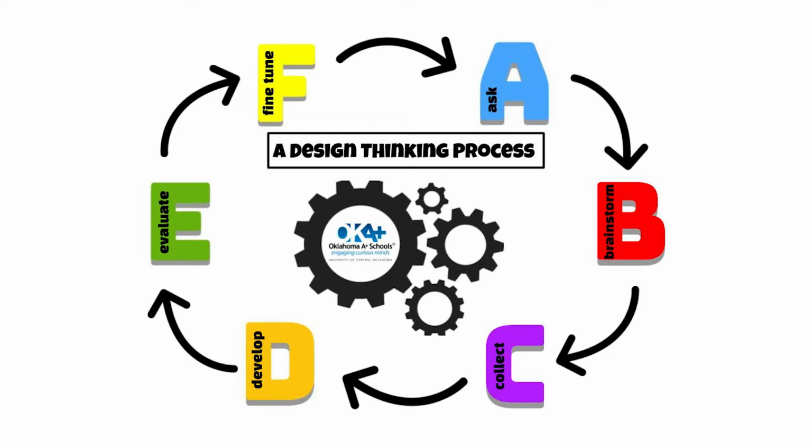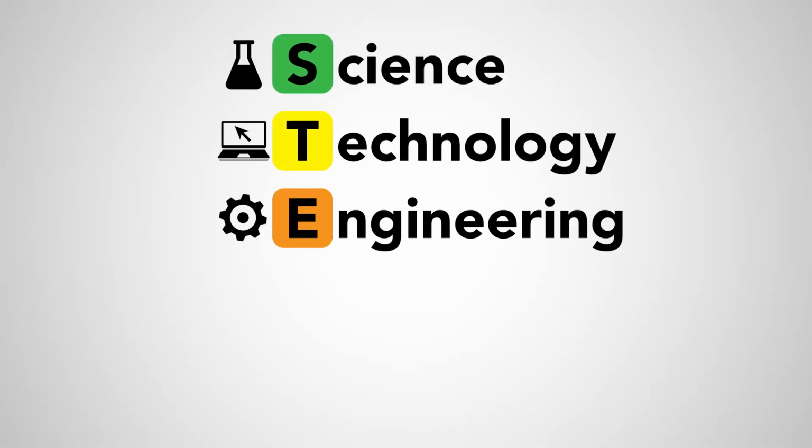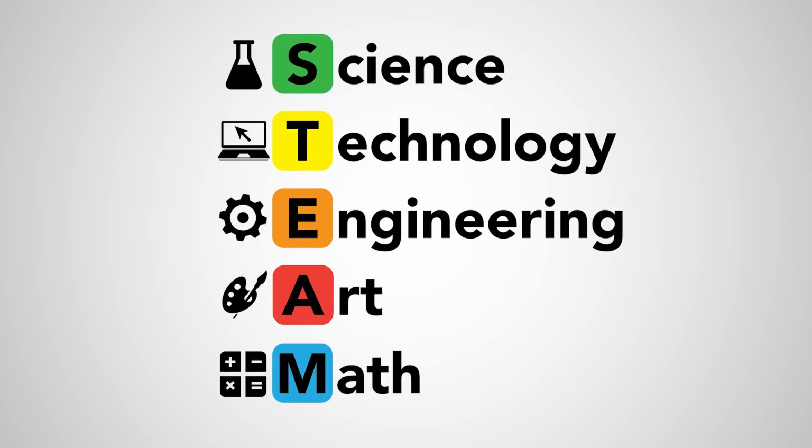E, evaluate, what works, what doesn't work, and what can I do to make it better? F, fine-tune, I will try again until my design is where I want it. STEAM stands for science, technology, engineering, art, and math.